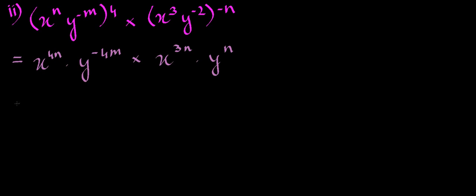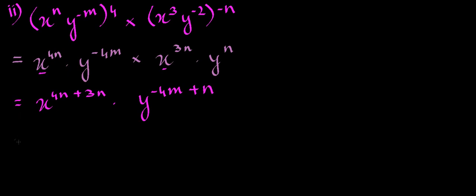Now let's bring the common bases together. We have x raised to 4n plus 3n into y raised to minus 4m plus n.